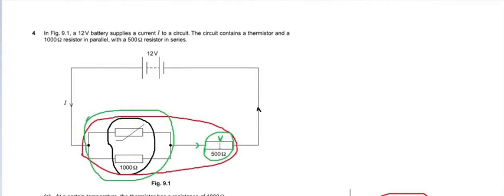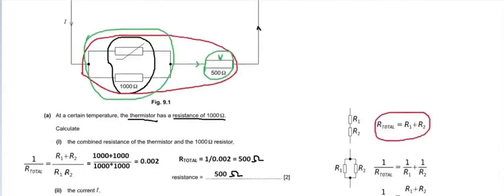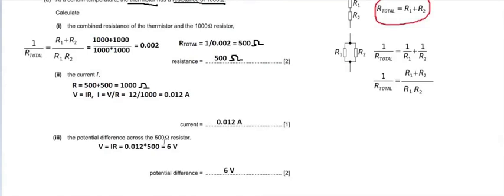In this combination we have got how much? 6 volts. So of course the voltage across this combination is again 6 volt, because 6 plus 6 becomes 12 volt. So here the voltage across the 500 ohm resistor is this 6 volt. I hope you understood this.